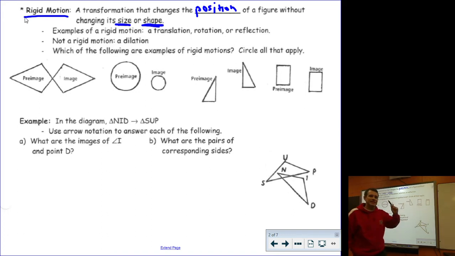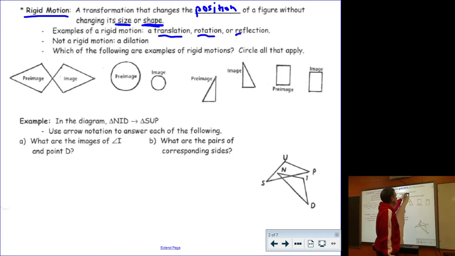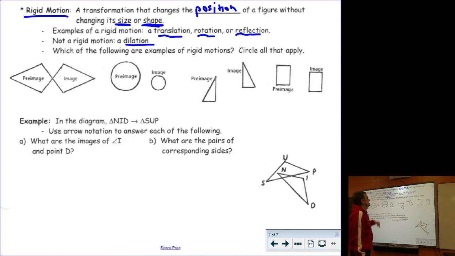All right? That is the key thing about a rigid motion, it does not change the size or shape. Examples of a rigid motion are a translation, which we're going to talk about today, a rotation, or a reflection. An example of something that is not a rigid motion is a dilation. We'll talk more about that another day.